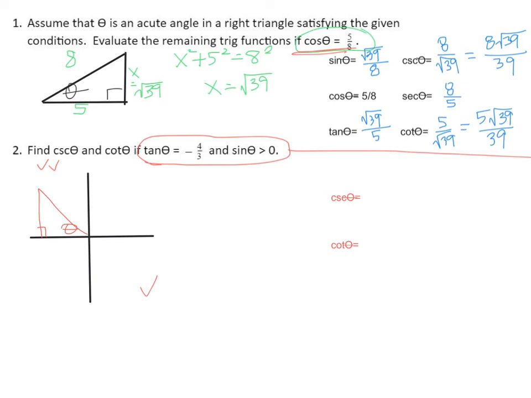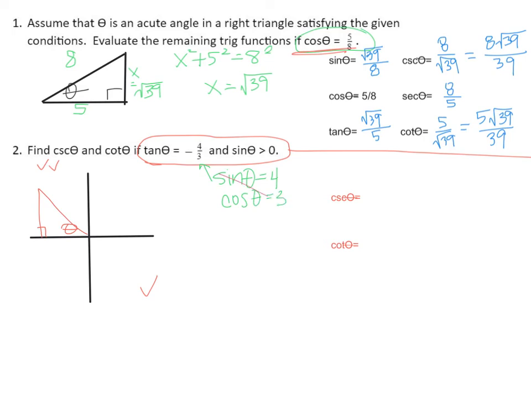What I want you to be careful of here is just because you have tangent doesn't mean you automatically have sine and cosine. Some people will look at this and say, well, tangent is sine over cosine, so that means sine of theta has to be 4 and cosine has to be 3. Or maybe you would call one of them a negative.